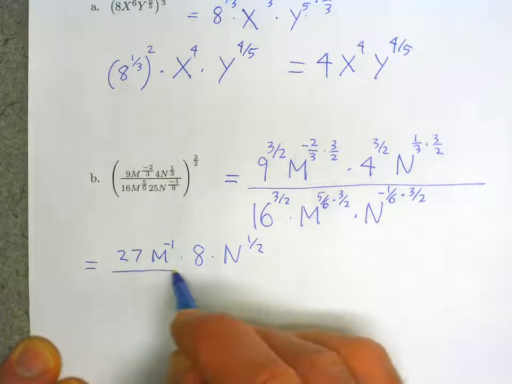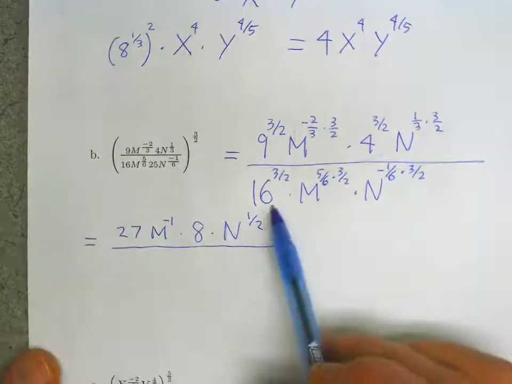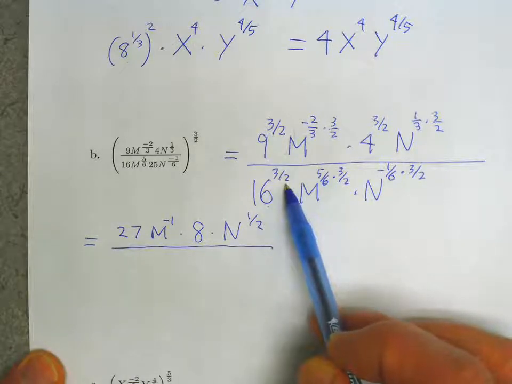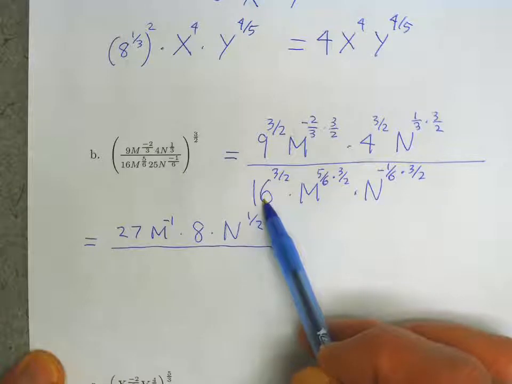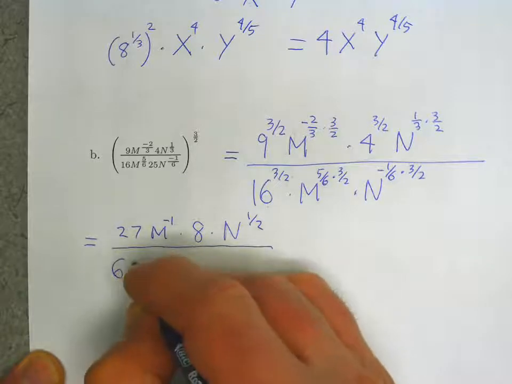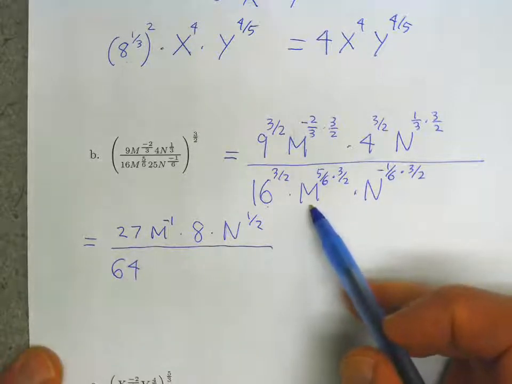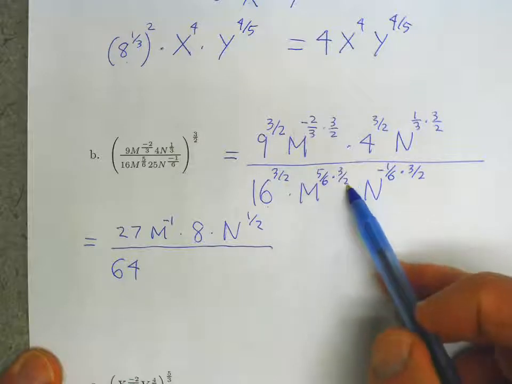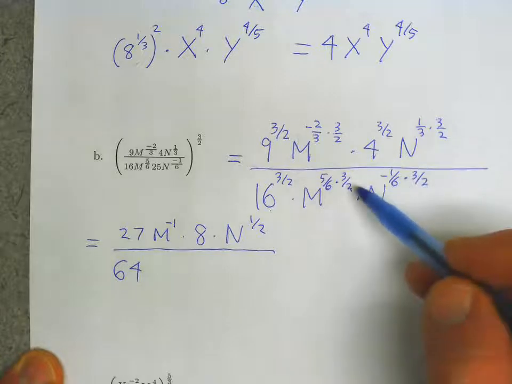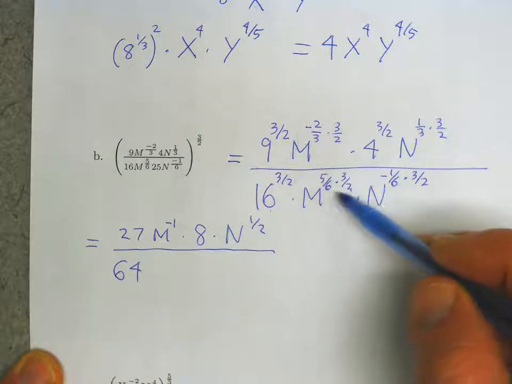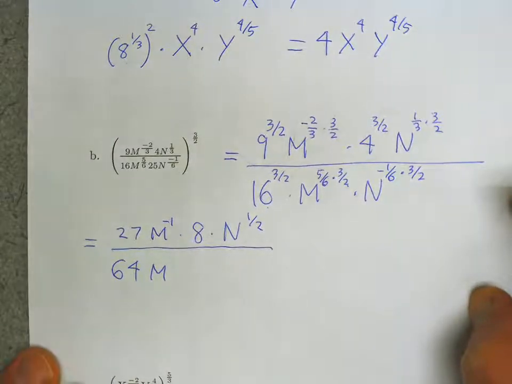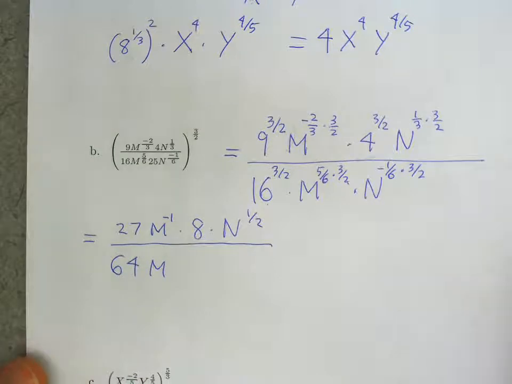So things are looking a little better. In the denominator, 16 to the 3 halves, the denominator is 2, so that means find the square root of 16, which is 4, and then raise 4 to the 3rd power. 4 to the 3rd power is 64. And then m to the 5/6 times 3 halves. Well, this is just going to simplify to m to the 15 over 12, but 15 over 12 reduces to 5/4.